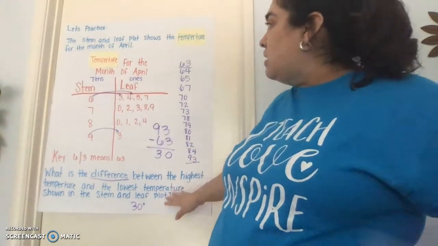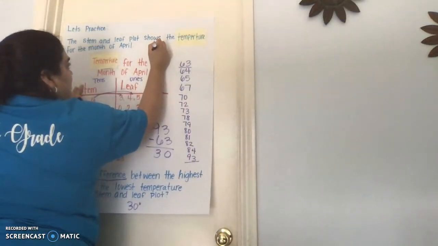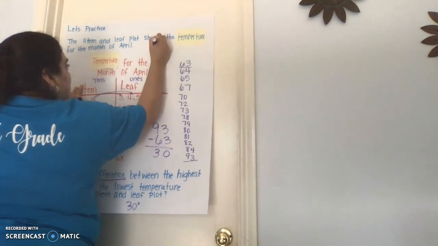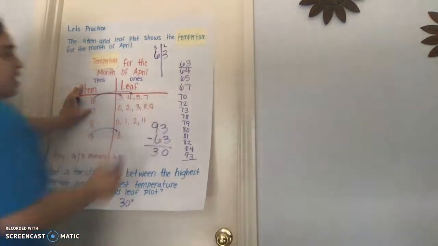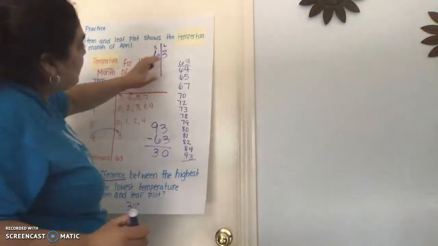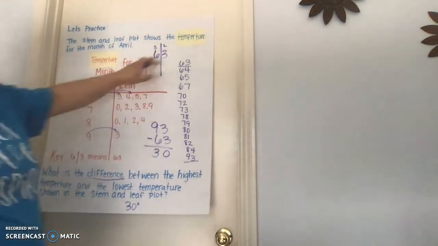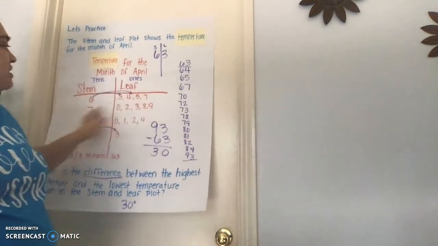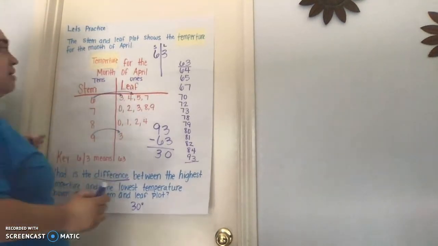If I had the number 63, this is the stem, this is the leaf, okay? And all I'm doing is writing it so that instead of having a list like this, I can just list them like this and make it simple and neat, okay?